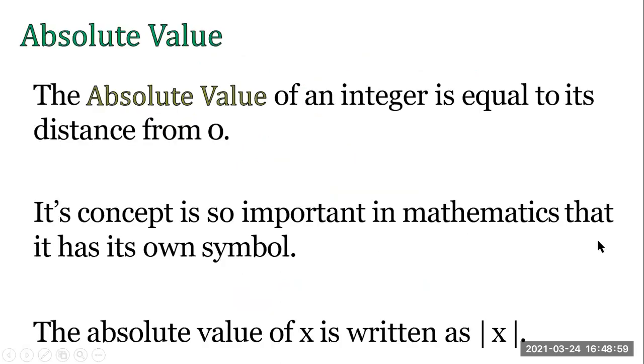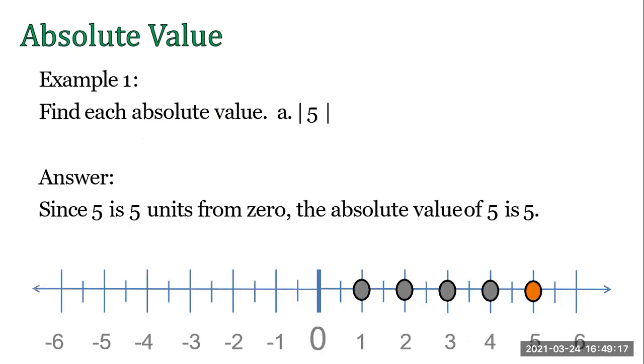Absolute value. The absolute value of an integer is equal to its distance from 0. Its concept is so important in mathematics that it has its own symbol. The absolute value of x is written with vertical bars around x. Find each absolute value.